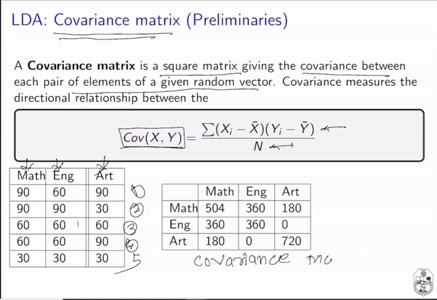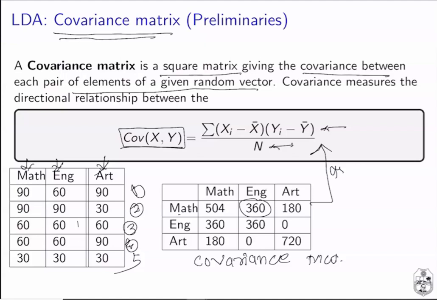This covariance matrix is calculated by using this formula. This is the formula for calculating LDA, and the rows and the columns of this matrix represent the covariance between the two different variables. For example, the covariance between math and English is 360.